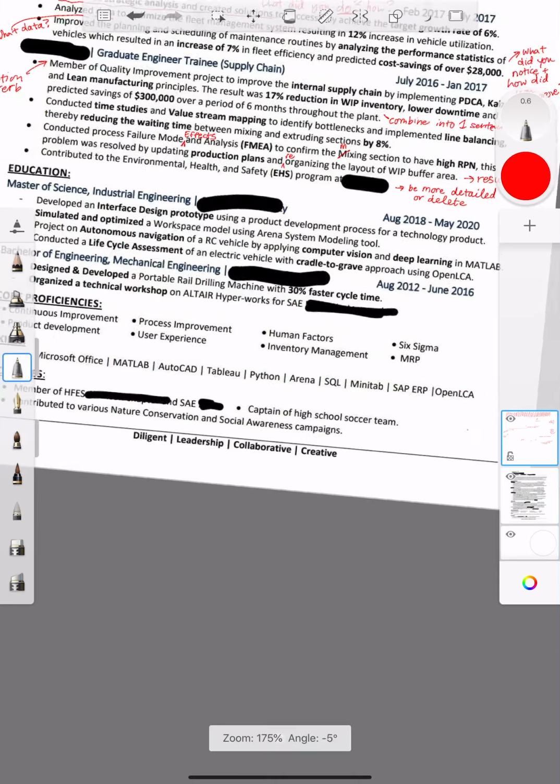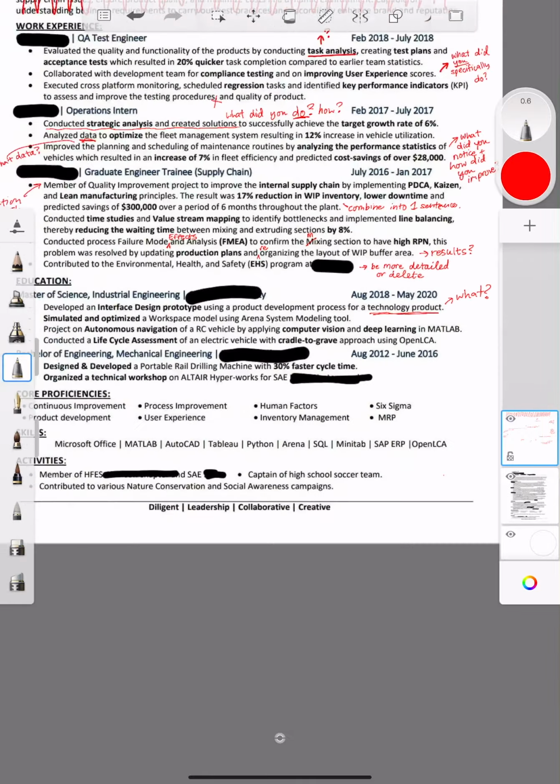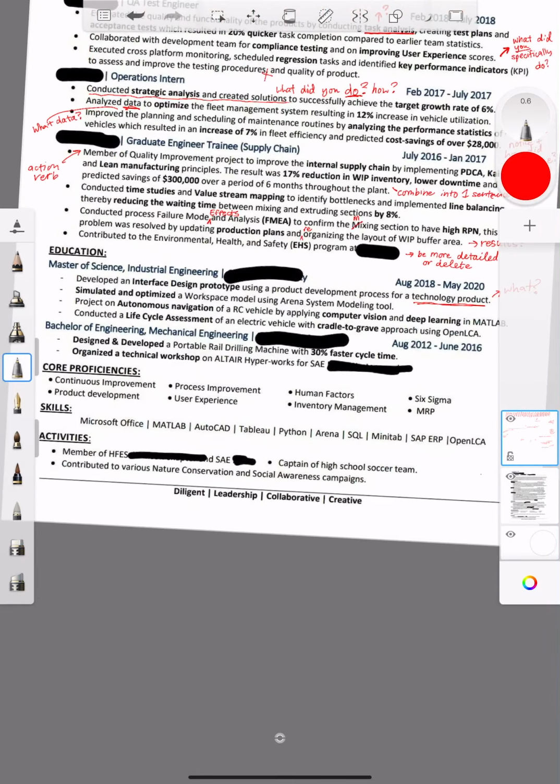Technology product doesn't mean anything. Technology product. What? I have no idea what you mean when you say technology product. Maybe if it's proprietary or patentable, say that, but you have to give me a little bit more than technology product.